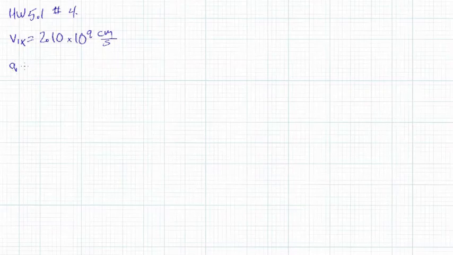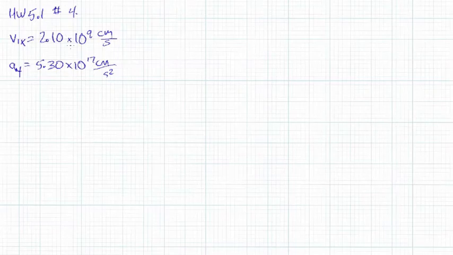The acceleration in the y direction, in the vertical, is 5.30 times 10 to the 17th centimeters per second squared. That's our acceleration, and it's in the y direction, not in the x direction.